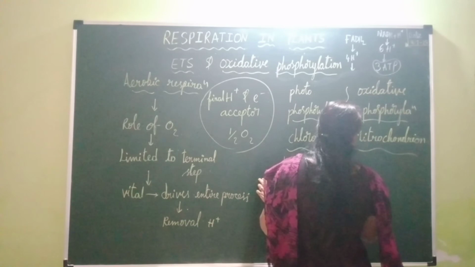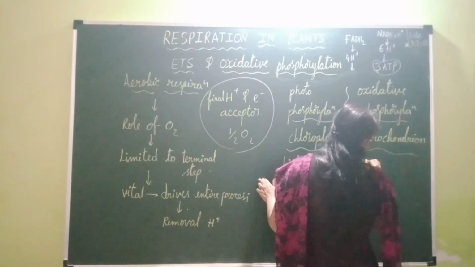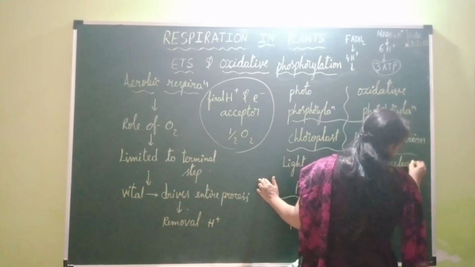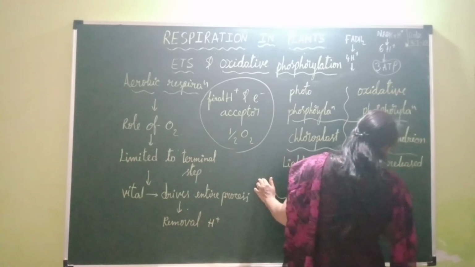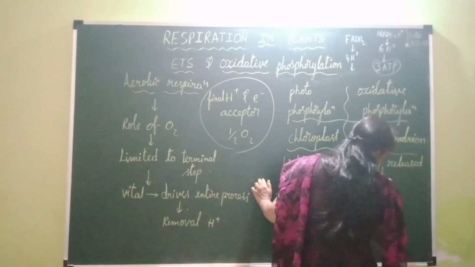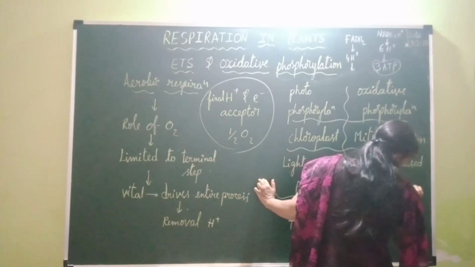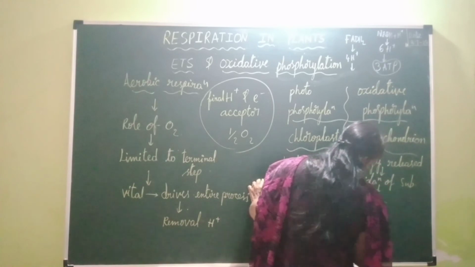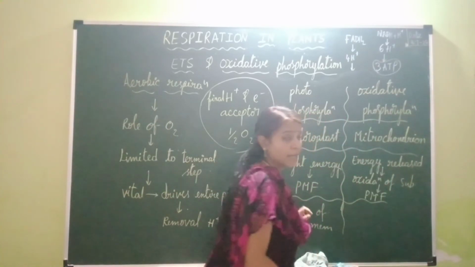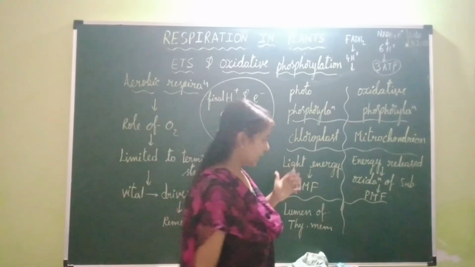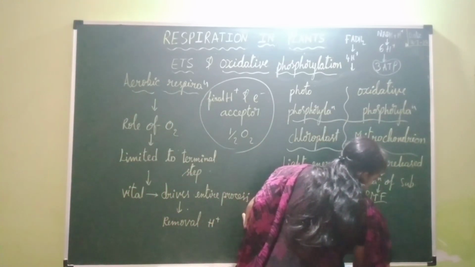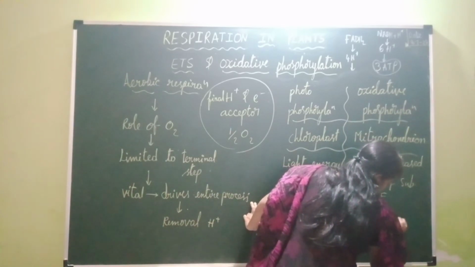So the energy released from the oxidation of substrates is utilized for the development of proton motive force or proton gradient. And where is this proton gradient developed? Inside the intermembrane space of the mitochondrion.